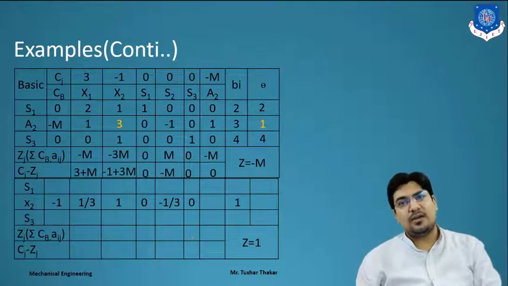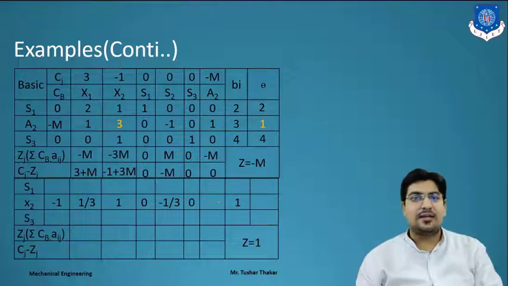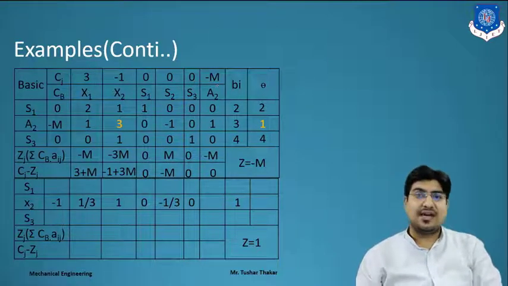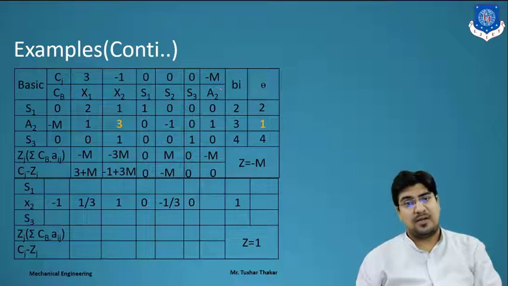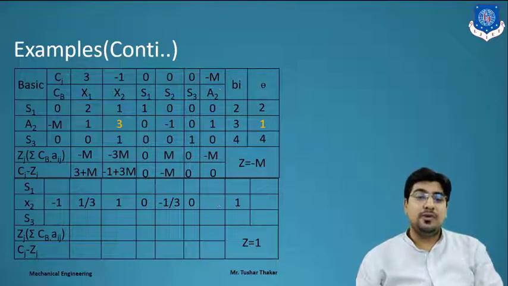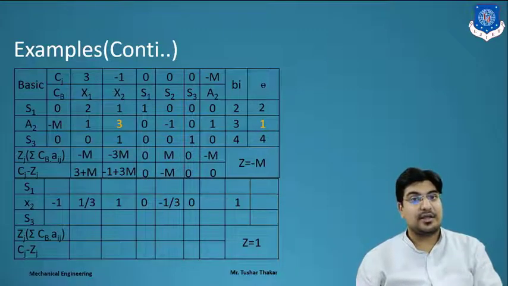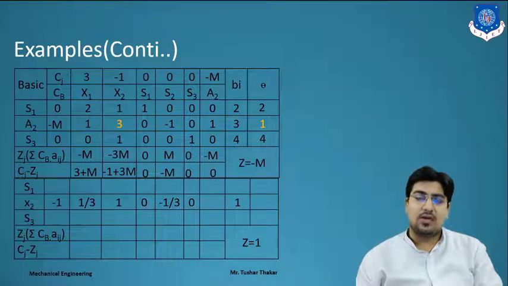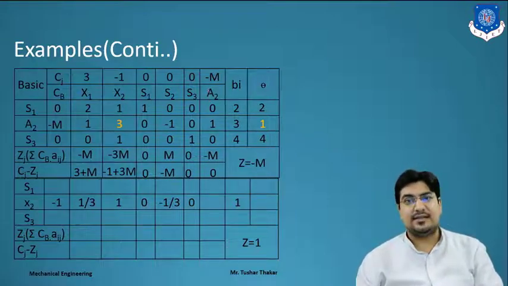So we leave that row or column as it is, as a dotted line.